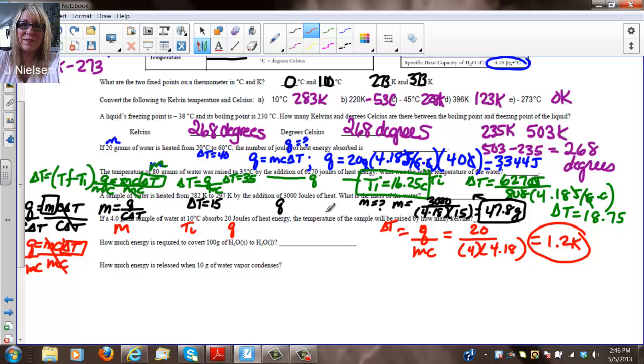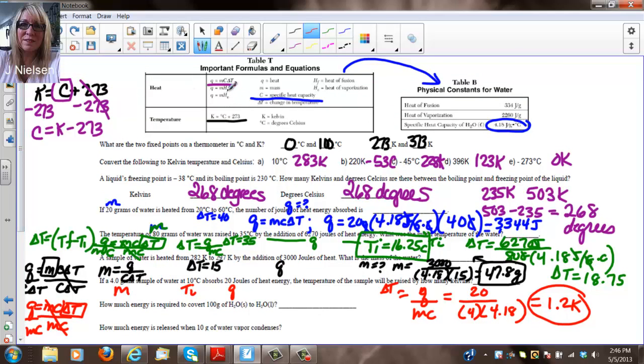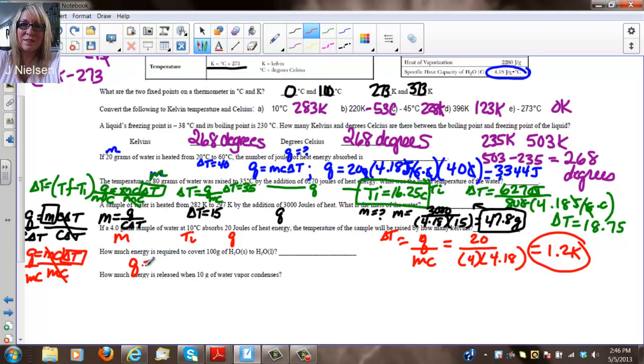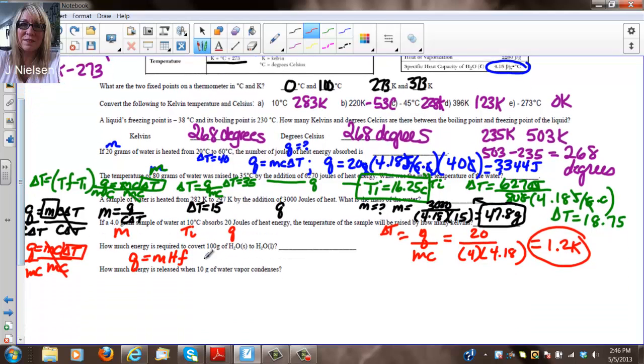Okay, last two problems. How much energy is required to convert 100 grams of water solid to 100 grams of water liquid? So solid to liquid, that is heat of fusion, Q equals mH sub F. So we're using Q equals mH sub F. I have to recognize H sub F as a constant that I get from table B, which is 334 joules per gram.